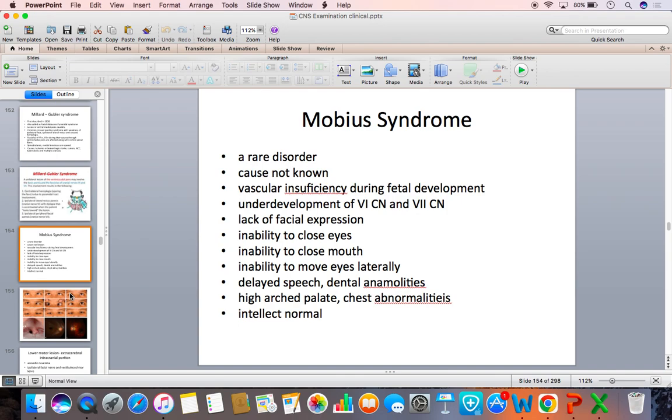That is, there is total underdevelopment of the sixth and seventh nerve nuclei, resulting in bilateral facial nerve palsy, resulting in the inability to close the eyes, lack of facial expressions, inability to move the eyeballs laterally, and delayed speech, dental anomalies, high arched palate, chest abnormalities, but intellect is intact. These are the features of Mobius syndrome, which is one of the rare disorders due to the underdevelopment of the nuclei of the sixth and seventh cranial nerves. This is one.